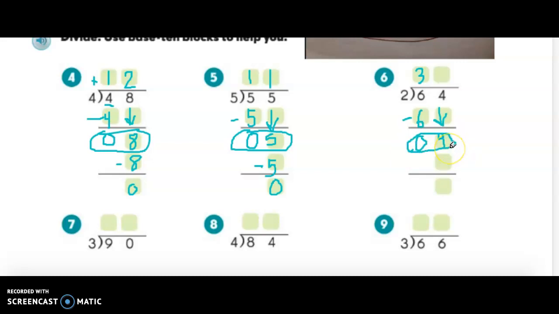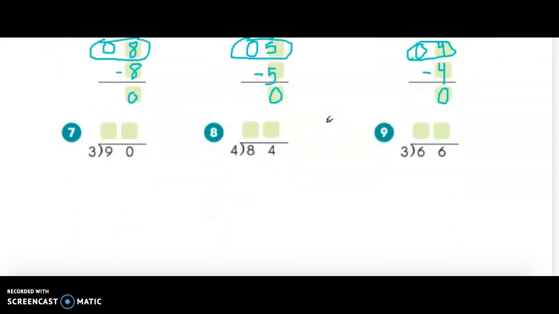So start it all over. Divide. 4 divided by 2 is 2. Multiply. 2 times 2 gives us 4. Serve, subtract, gives us 0. Cheese, check. Good to go. Burgers, bring down, nothing left to bring down, so here's our quotient of 32.